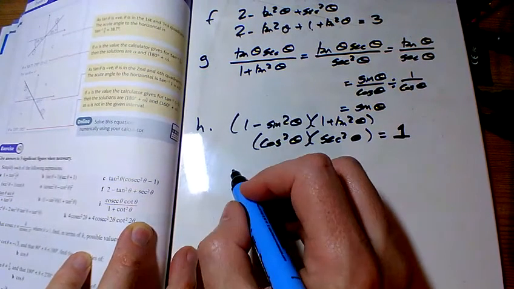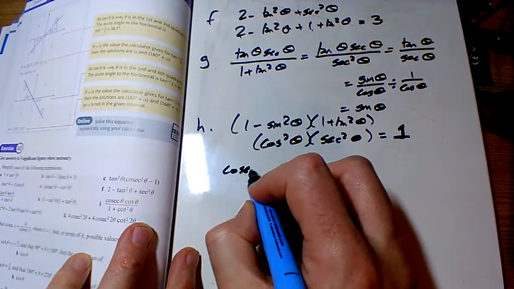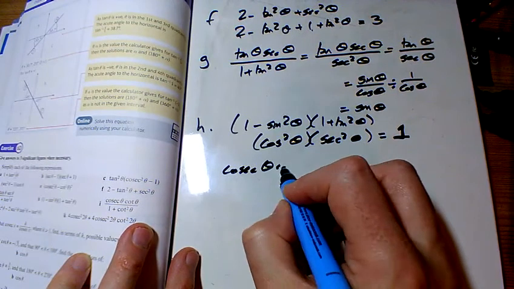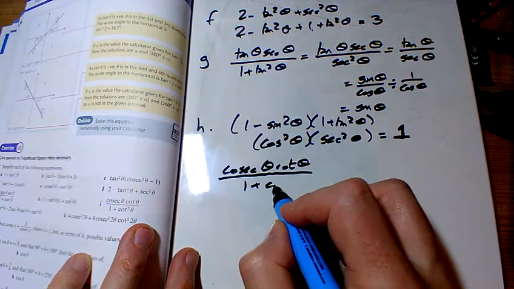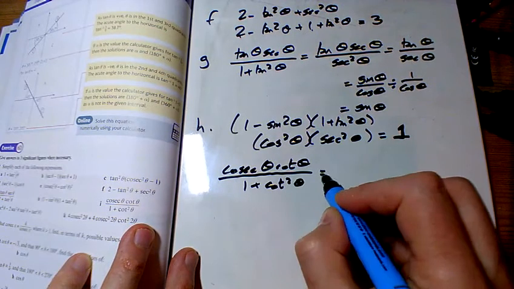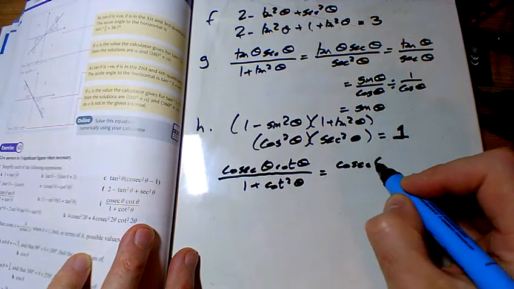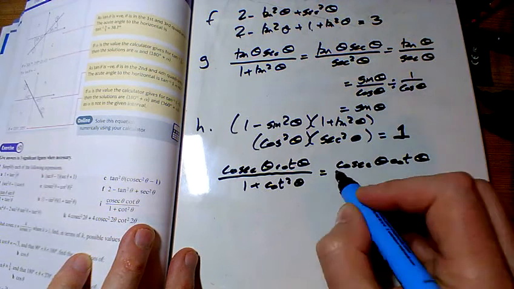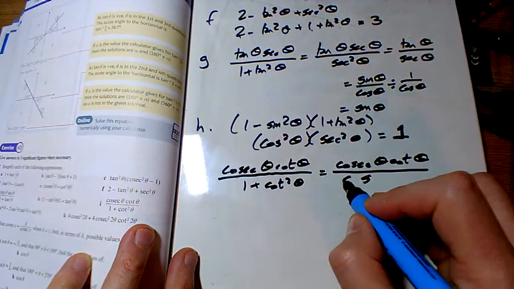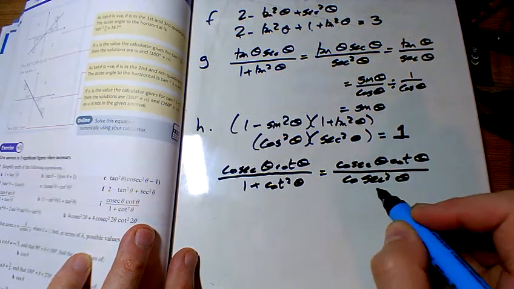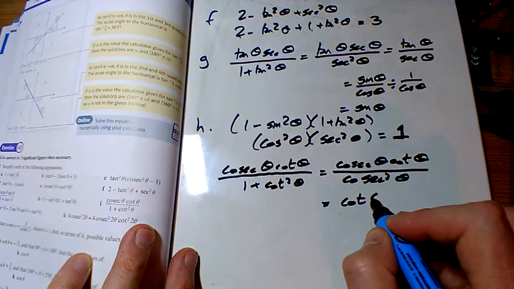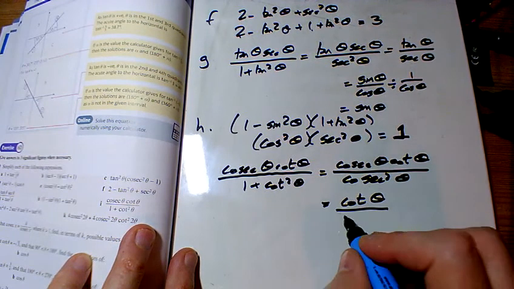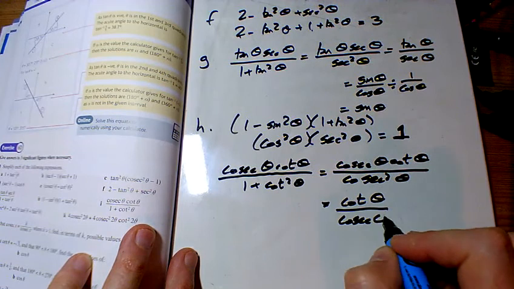On to I. So we've got a bit more to do here with I. It looks very similar to G. So what have we got? On the bottom, I've got a 1 plus cot squared theta. So we know that 1 plus cot squared theta is equal to cosec squared theta. So we'll cancel one of those cosecs with one of those cosecs, leaving me with cot theta over cosec theta.